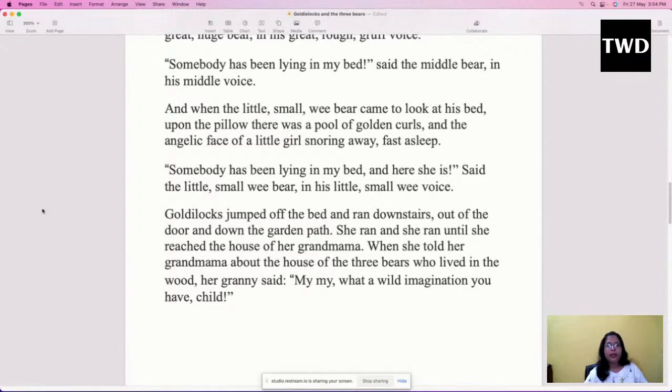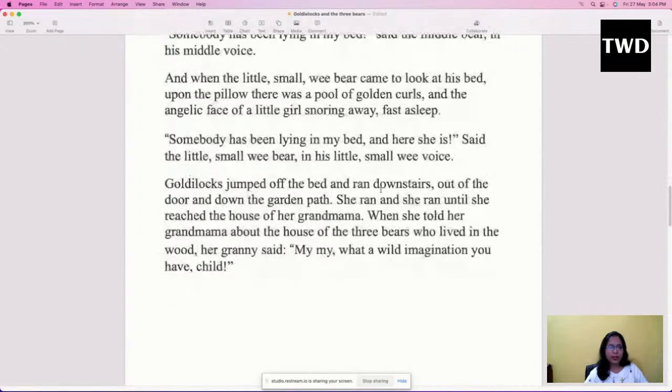So when the little bear saw his bed, he came to know that a little girl was sleeping on his bed. "Somebody has been lying in my bed, and here she is," said the little small wee bear in his little small wee voice.